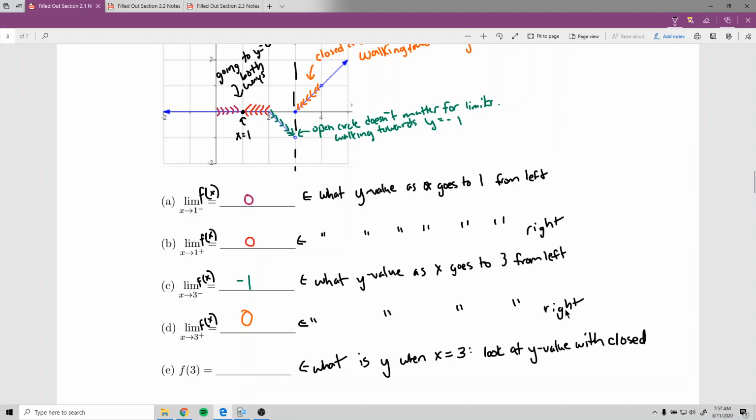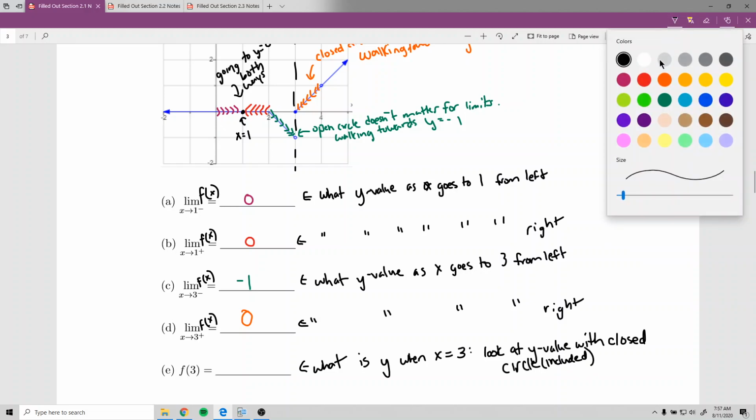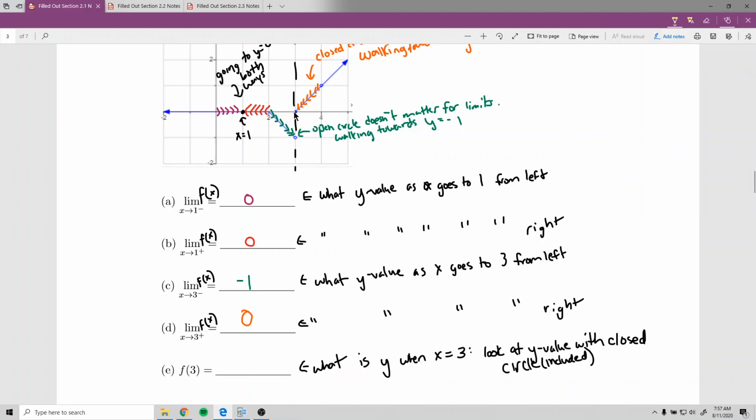If it's the closed circle, we are including it. Because we're not walking towards it anymore, we're just looking right at it. And right here, this closed circle is at y equals 0.